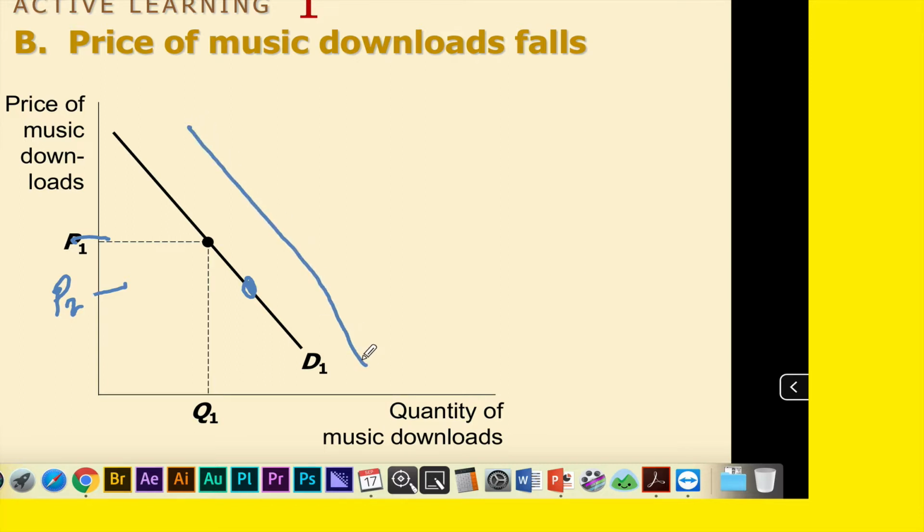Nope. You just drew a new demand curve. All you have to do is read the graph you've already got. Erase that line. Okay. So, here's the original. Here's the new. Label it. Okay.